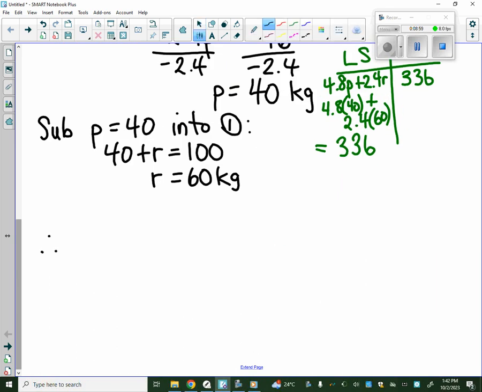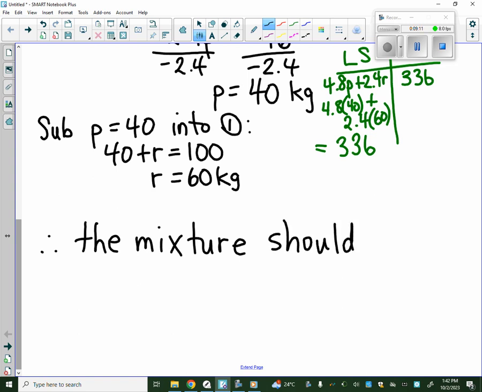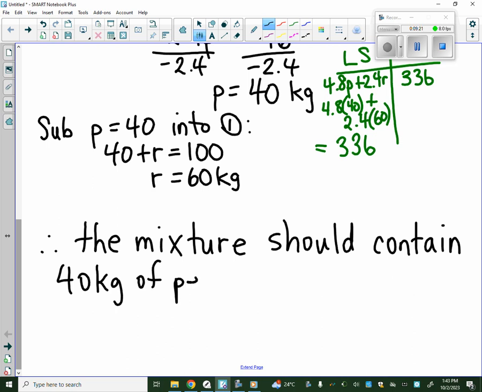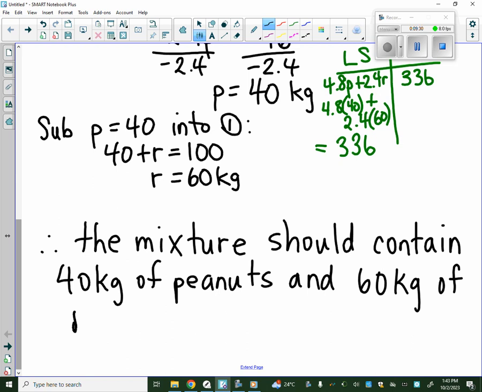So therefore, the mixture should contain 40 kilograms of peanuts and 60 kilograms of raisins. Yum, yum.